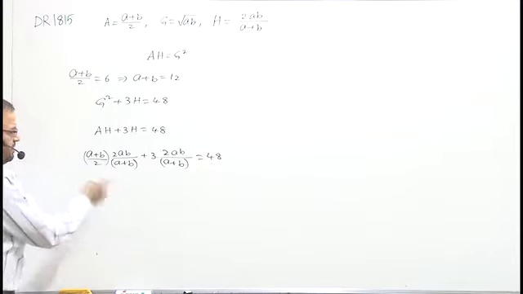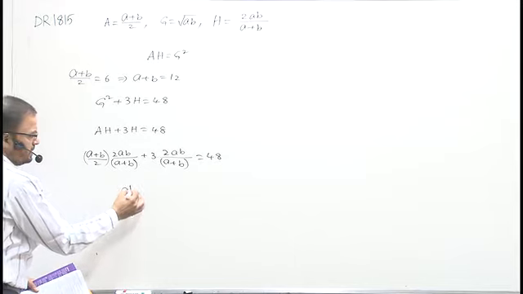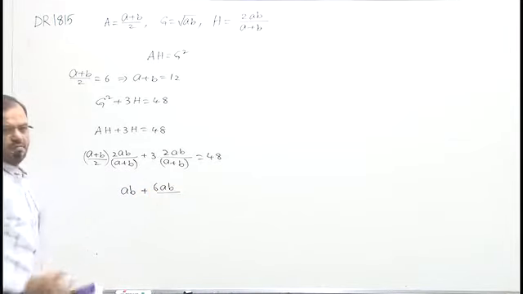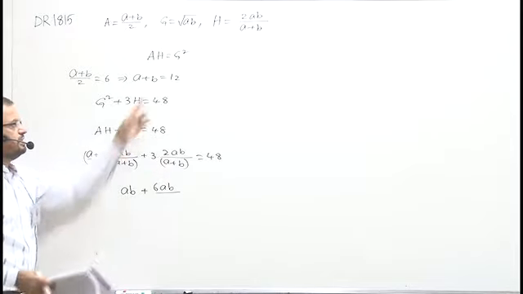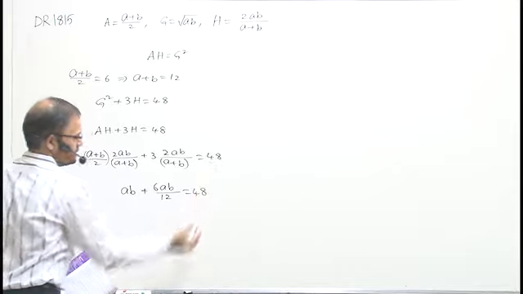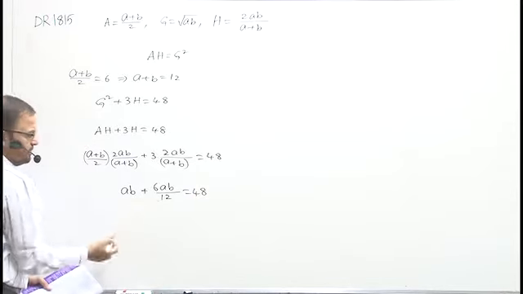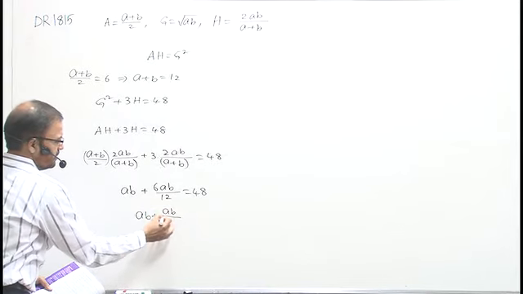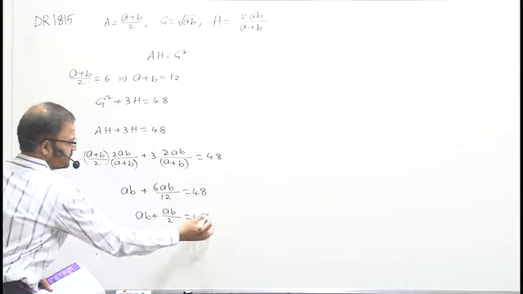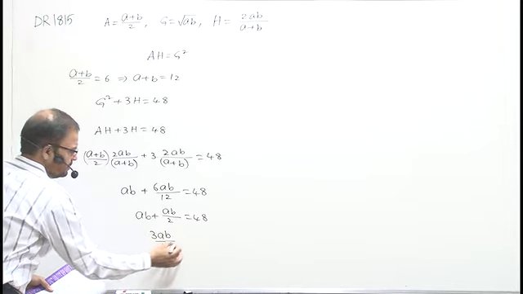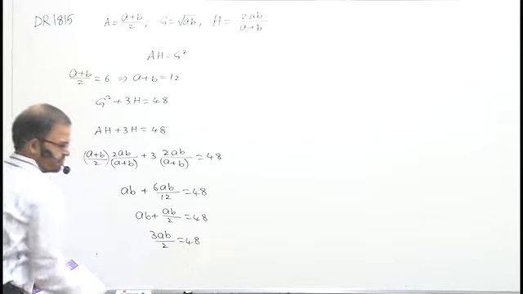I can cancel A plus B and 2. I will get here AB plus 6AB upon A plus B. At the place of A plus B, I write here 12, equal to 48. 6 by 12 I will get here AB plus AB by 2 is equal to 48. I can say here 3AB divided by 2 is equal to 48.